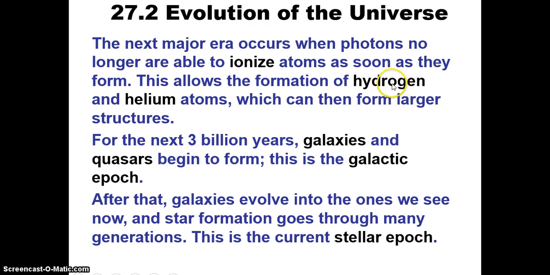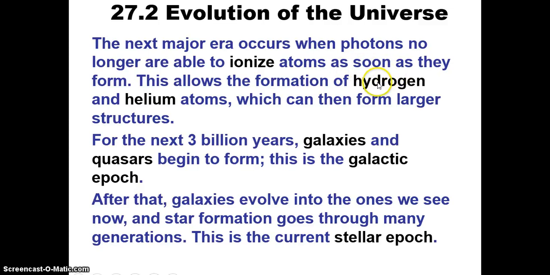Remember, hydrogen is just a proton, right? But remember, during the quark era, there are quarks that are eventually going to form neutrons as well as protons. And so there are neutrons available, and so some of the hydrogen. Remember, the universe is very tiny at this point. It's very, very hot still.